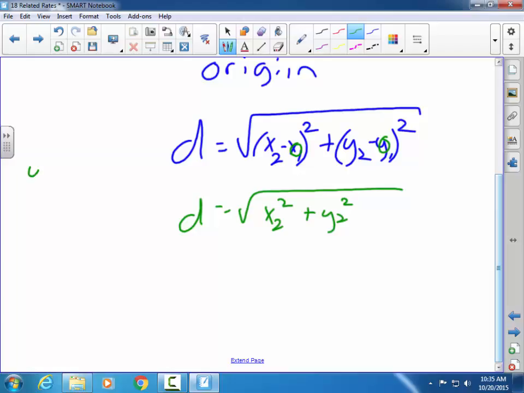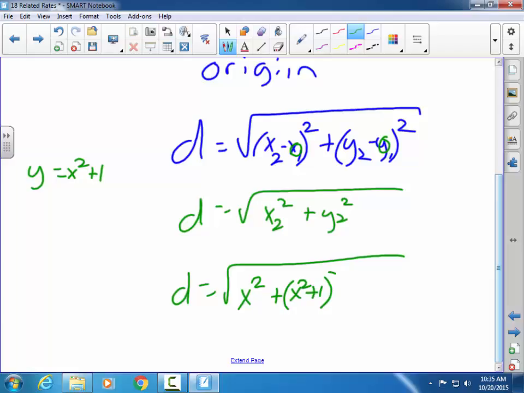You were told that y equals x squared plus 1, weren't you? So then we can make this d equals the square root of x squared, and I'm going to leave off the subscripts now since we've just got x's and y's, plus x squared plus 1 squared. And it said find the rate of change of the distance.